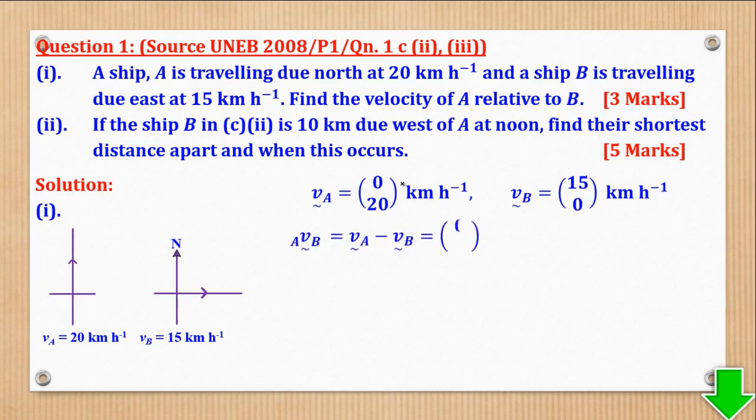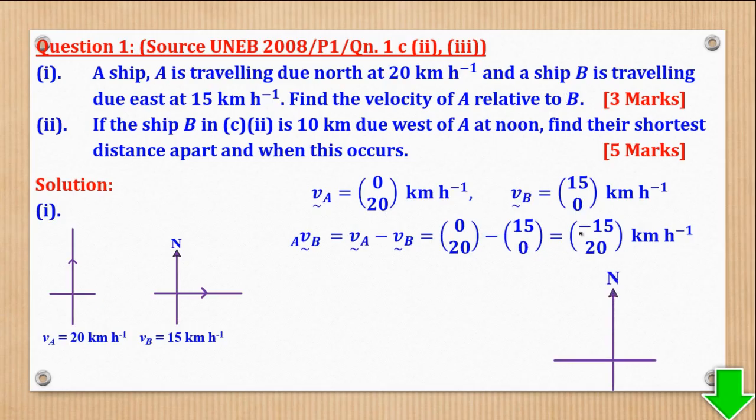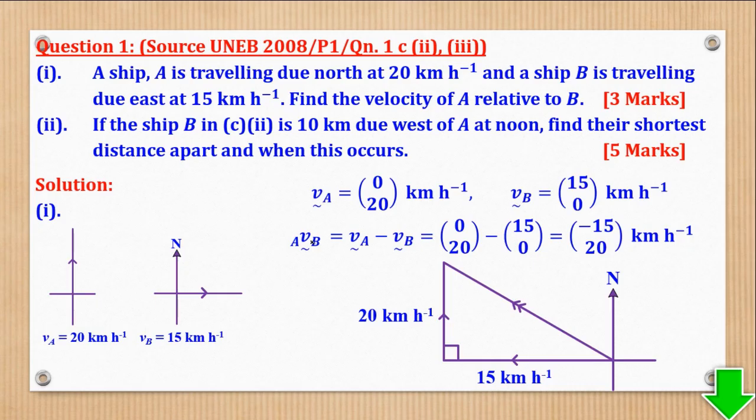Therefore, VA relative to B will be VA minus VB, to give you negative 15, 20. So we shall draw a right angle triangle, negative horizontal and positive vertical. Then from start to end gives you the relative velocity.